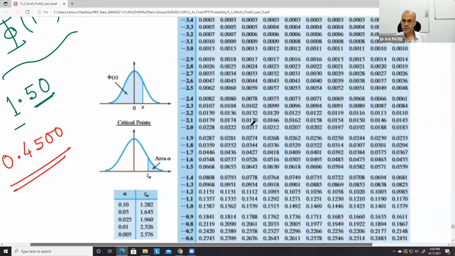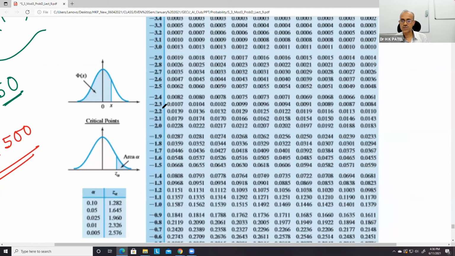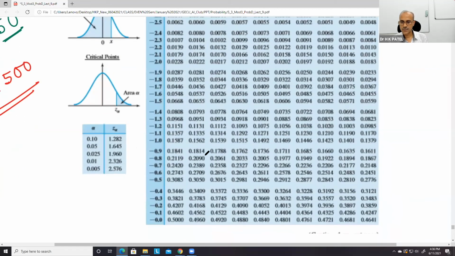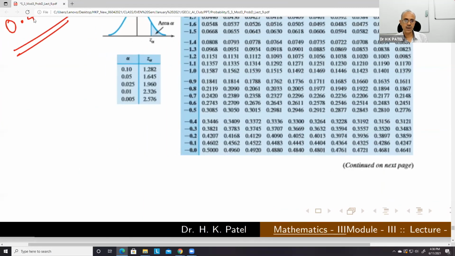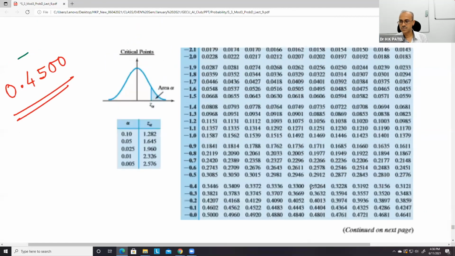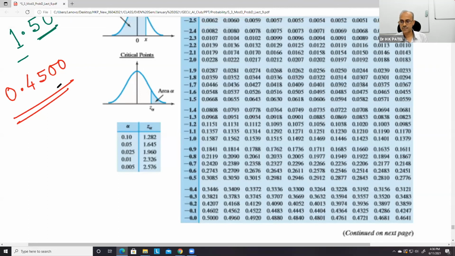You can see that it goes on increasing because this is a cumulative distribution table. So 4500. One thing you should note is that you will not get exactly the same number here, so we have to take the number which is nearest to this number.